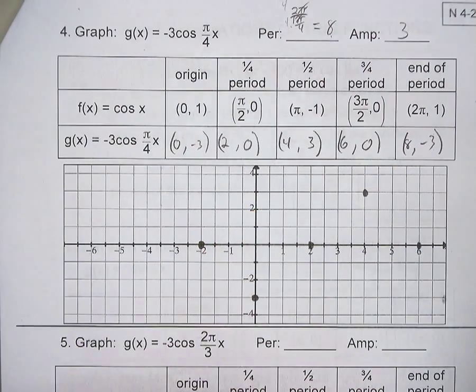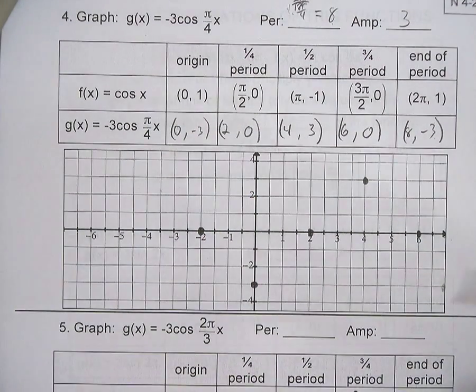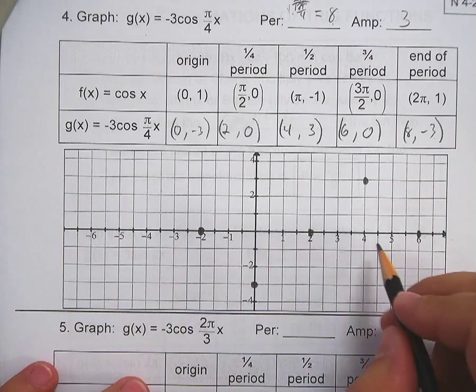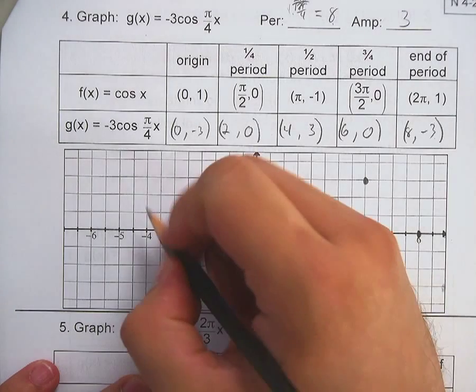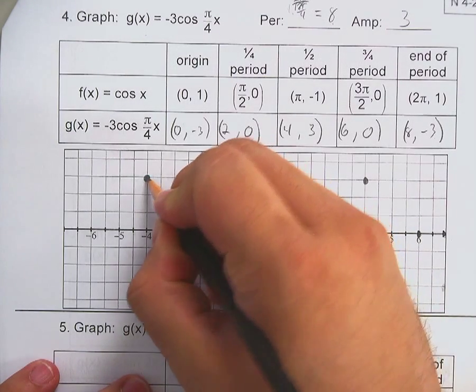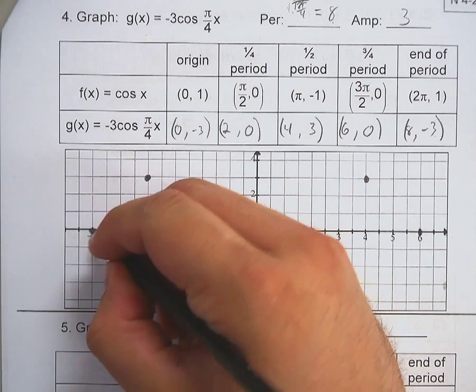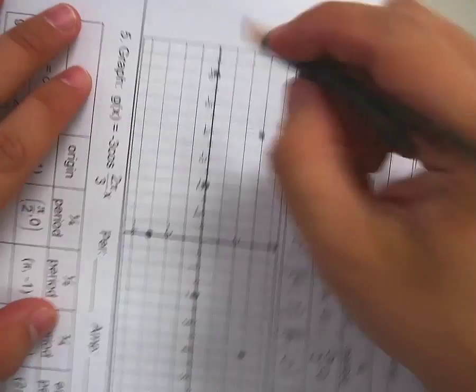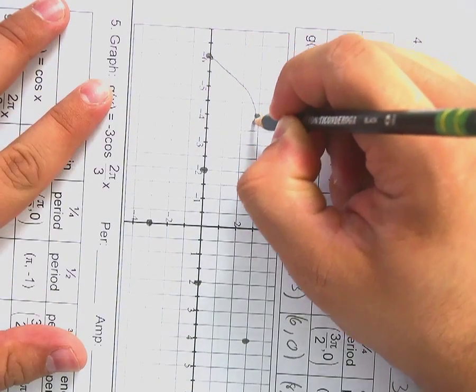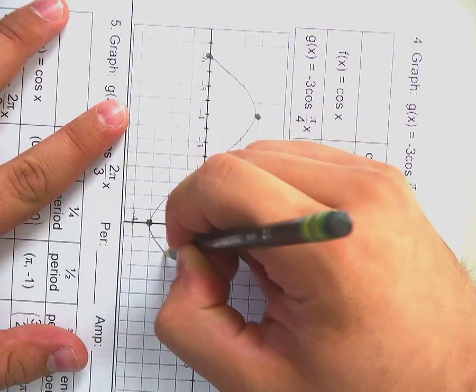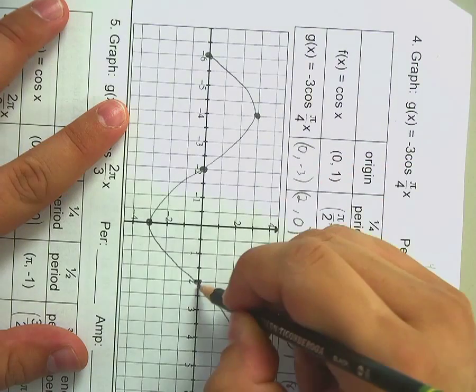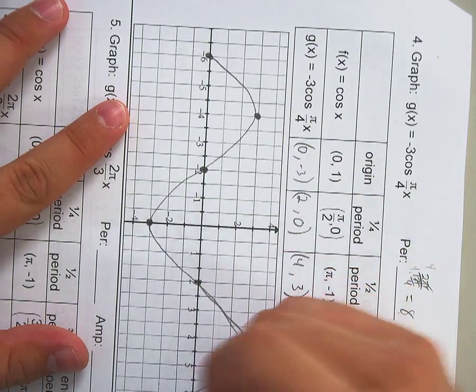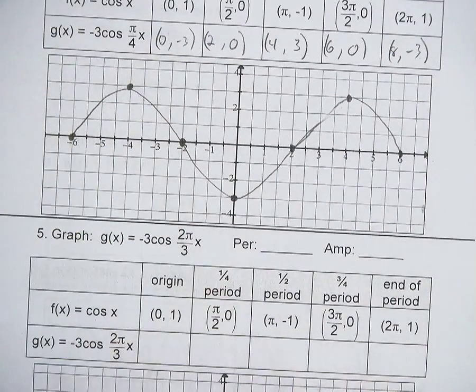Since we know it's cosine and it's an even function, it's going to be reflected across the y-axis. 4 and 3, -4 and 3, 6 and 0. There we have it. So this is the same stuff, just on a different scale.